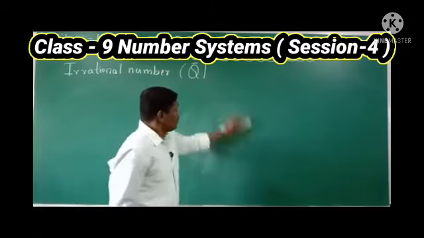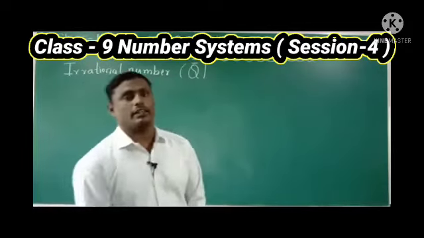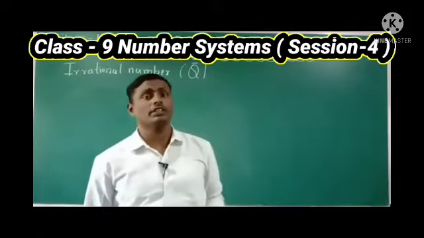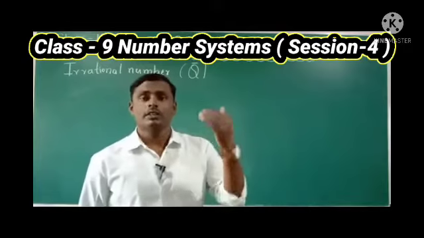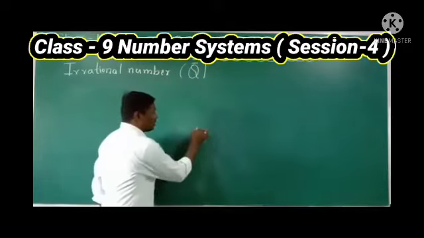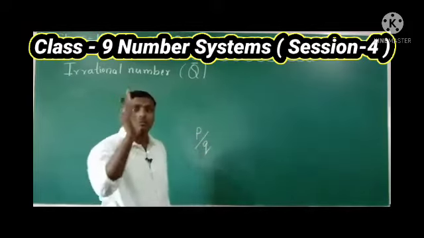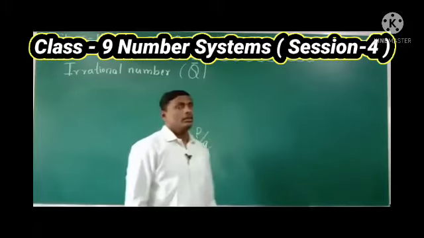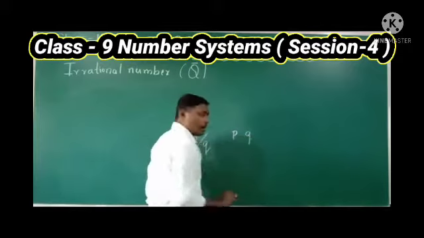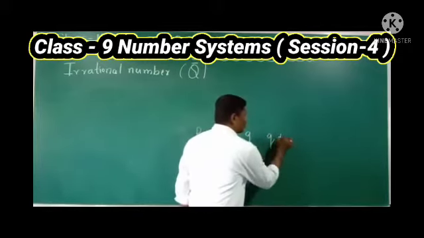Then what is the meaning of irrational number? How can you define the irrational number? As you all know, what is the definition of rational numbers? The numbers which can be represented in the form of p by q, or a by b, or c by d, in which p and q are integers where q is not equal to 0.